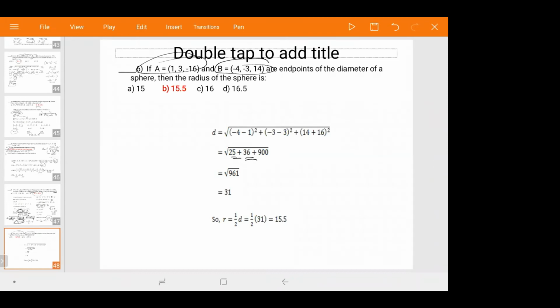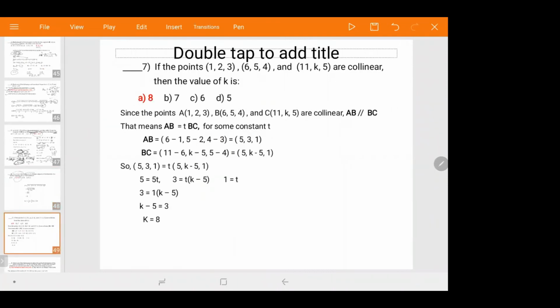If you add this, we'll get 961, and obviously the square root of 961 is 31. This is the diameter of our sphere, and the radius will be half of this diameter. Half of 31 will be 15.5. So the answer will be choice B.